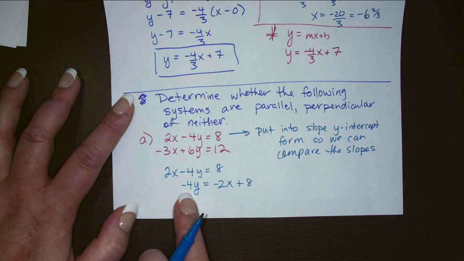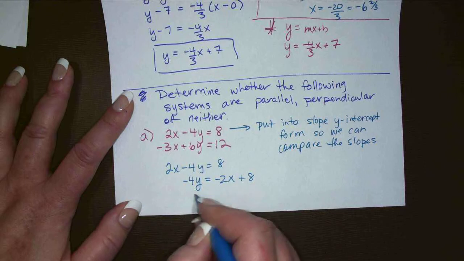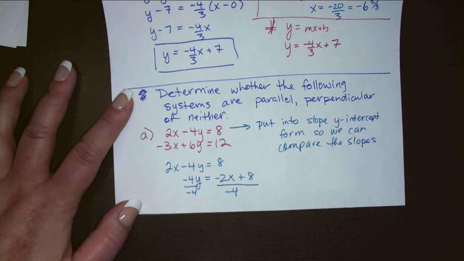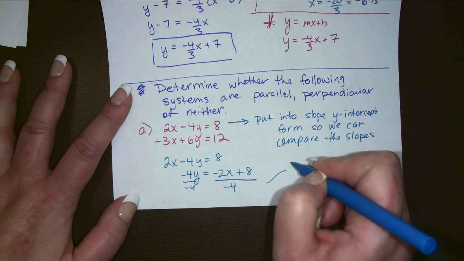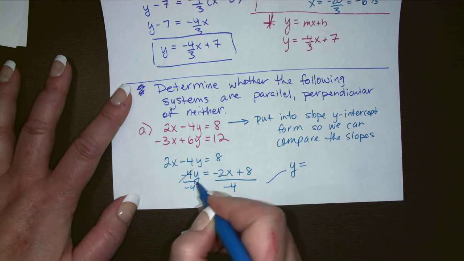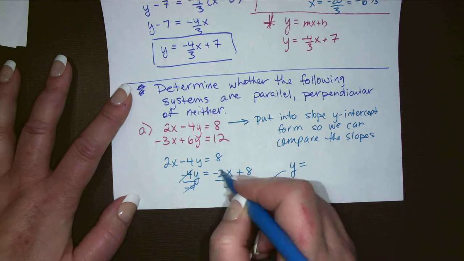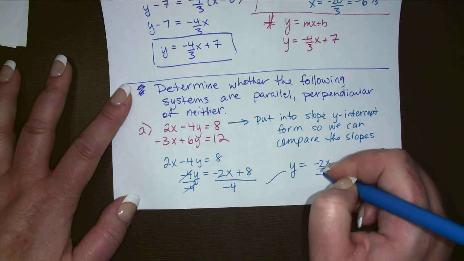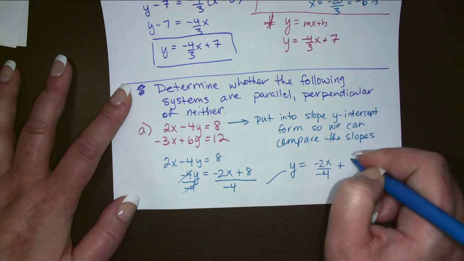We divide, but you have to divide everything. It's like you divide both sides by minus 4, and that's this whole side by minus 4. So the way that looks is that we end up with y, because the minus 4's cancel, and minus 2x over negative 4, because we have to divide everything by negative 4.